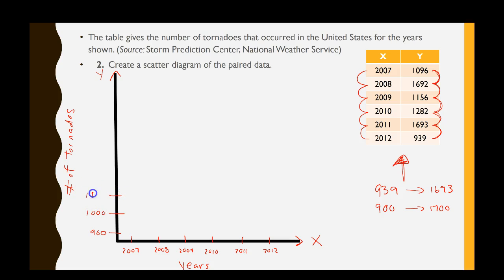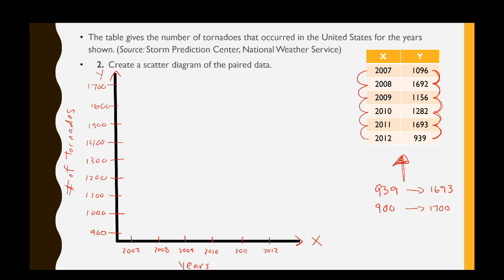And then I got 1100, 1200, 1300, 1400, 1500, 1600, and then lastly 1700. Okay, not too bad. So I like the way that looks better, just going from an even 900 to an even 1700. Yeah, okay, I like the way that looks.